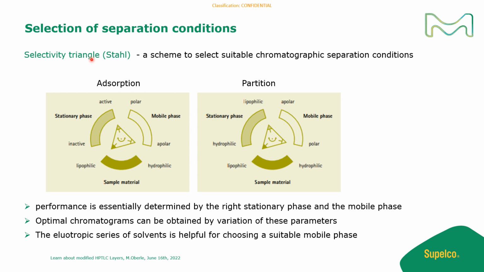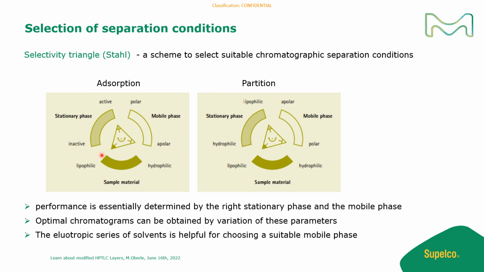So a very helpful tool is the triangle scheme according to Stahl to select the right separation conditions. By rotating the inner triangle in the wheel, one selected parameter at the applicable position automatically defines the other parameters.